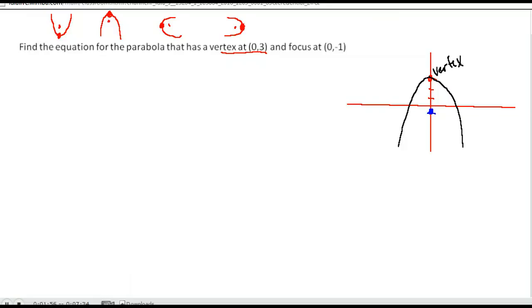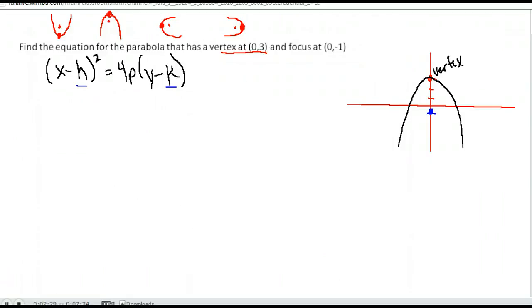Now remember, we have two different standard forms depending on the shape of our parabola, whether it opens up and down or right and left. This is a vertical parabola since it's opening down. So we know it has the standard form, x minus h squared equals 4p times y minus k. You'll want to have those down, or at least written down somewhere, because they're not going to go away. And so we know that in this formula, h and k are the vertex.